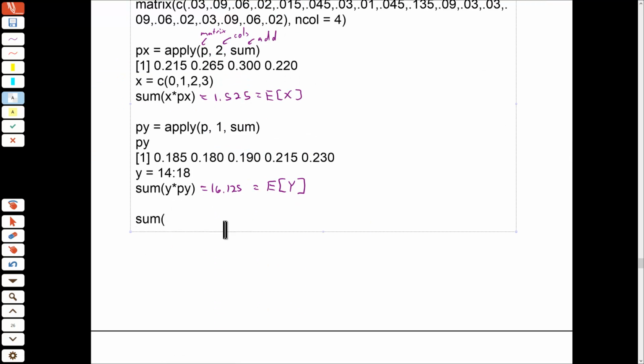In this case, the first row value would be 14 times the entire row, times all the values of X. Well, it turns out to do the first row of a matrix, you just type this notation.